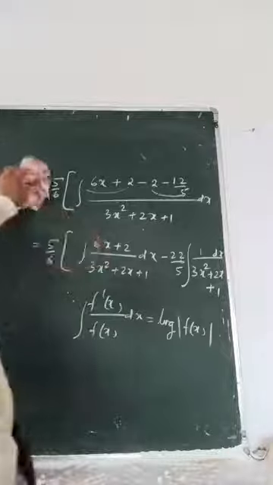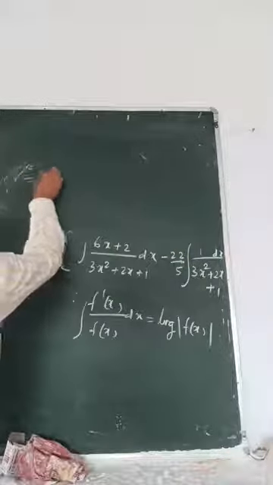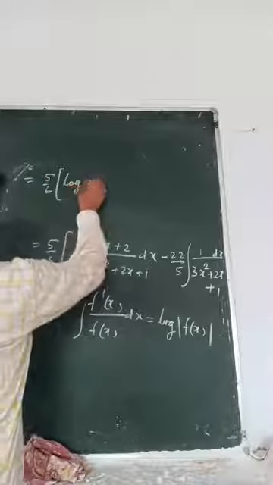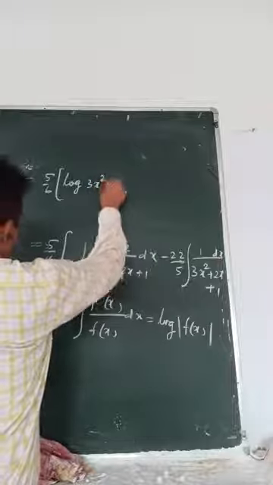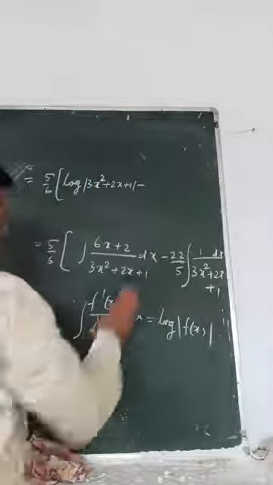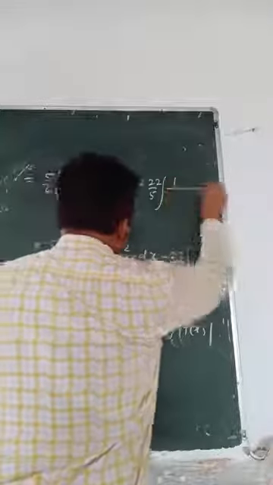So now what you have to check here is it is 5 by 6 log of 3x square plus 2x plus 1 minus 2 by 5.